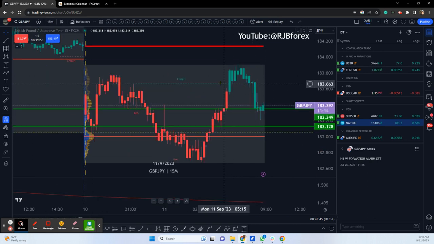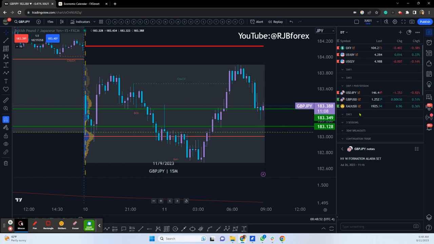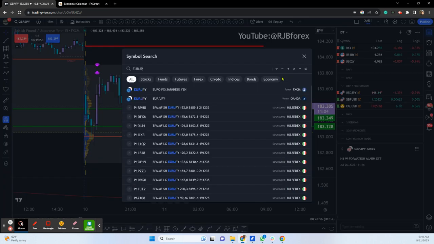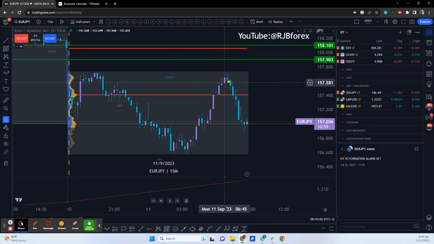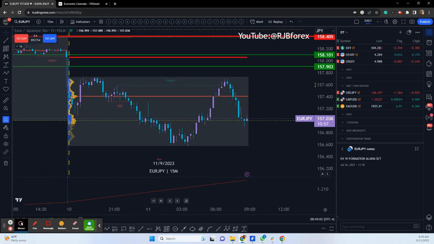All right, so that was a missed opportunity to short. We've already looked at that across the euro yen. Okay, that was a shorting opportunity as well.